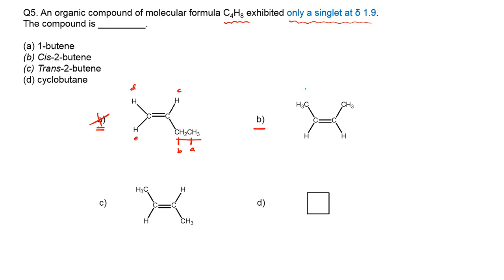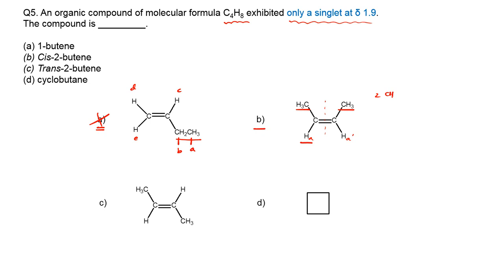In B, we identify these two CH3s because this is a symmetric structure, and these CH3s will give a doublet with the CH, and therefore that is not expected from this one. And of course, these two CH will give a quartet with the CH3.